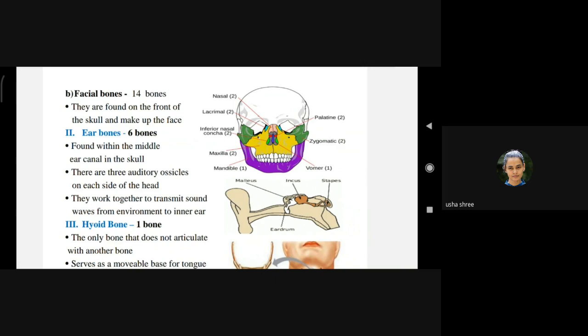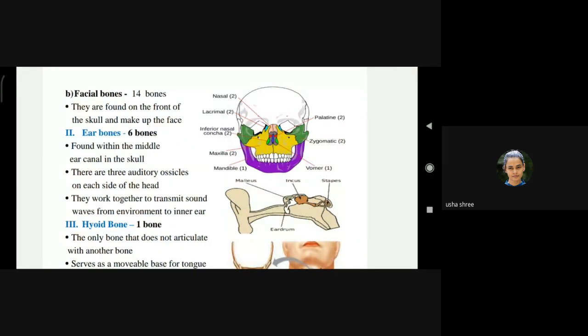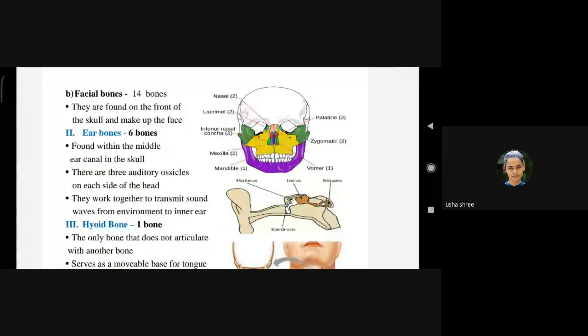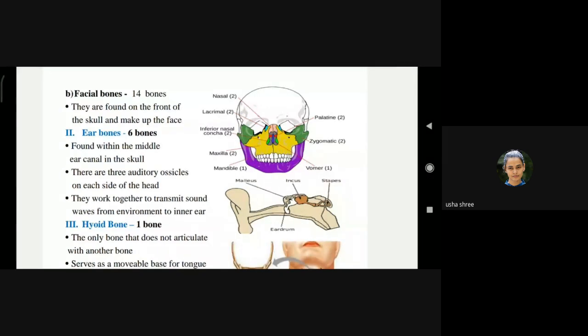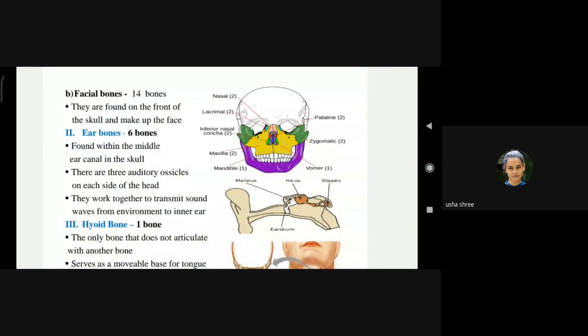Means 3 bones in each ear, and they vibrate when any sound comes inside our ear. That is why the vibration enters our ear and we can hear the sound.